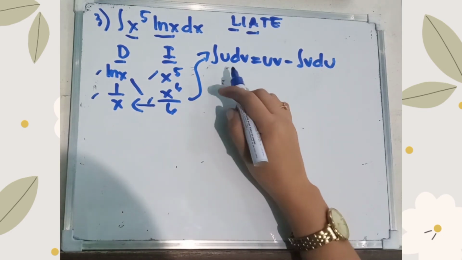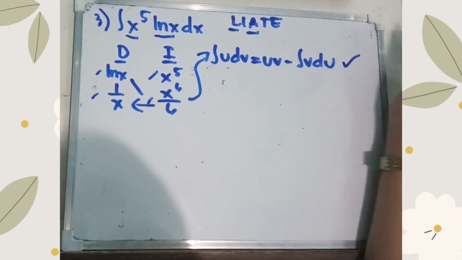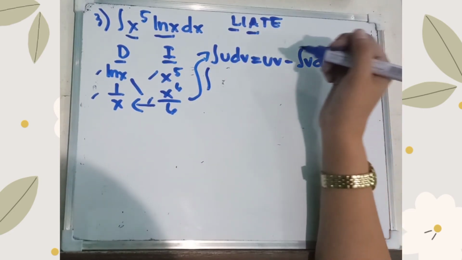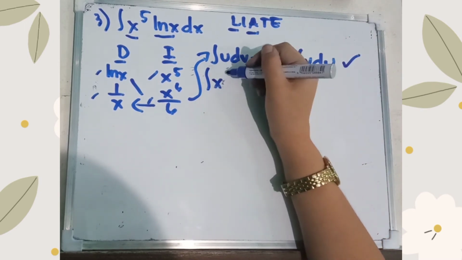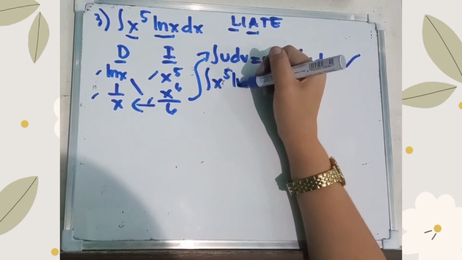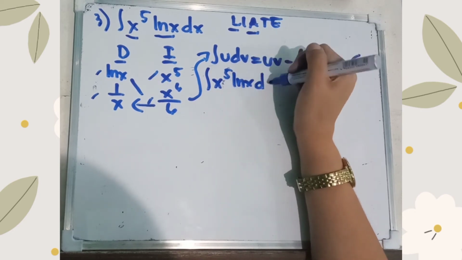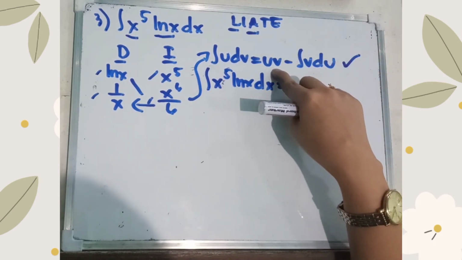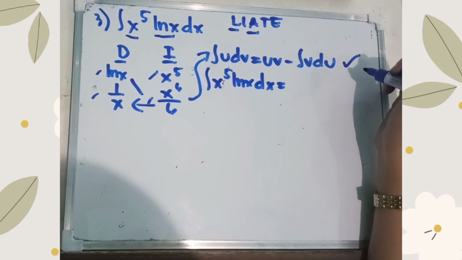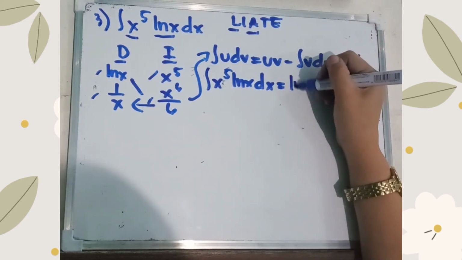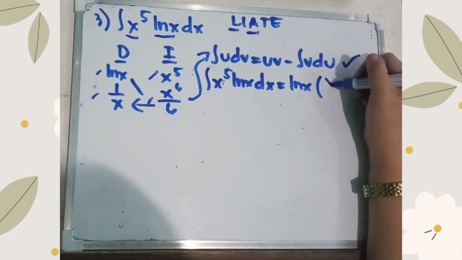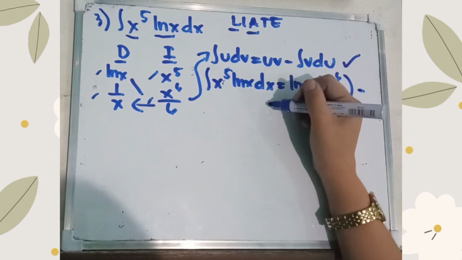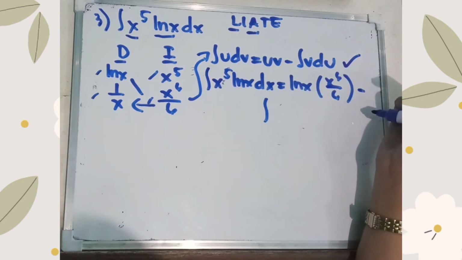So going back to our long method, substituting, the integral of u dv, which is x to the 5th power ln x dx, is equal to uv, which is ln x times x raised to 6 over 6, minus the integral of v du.